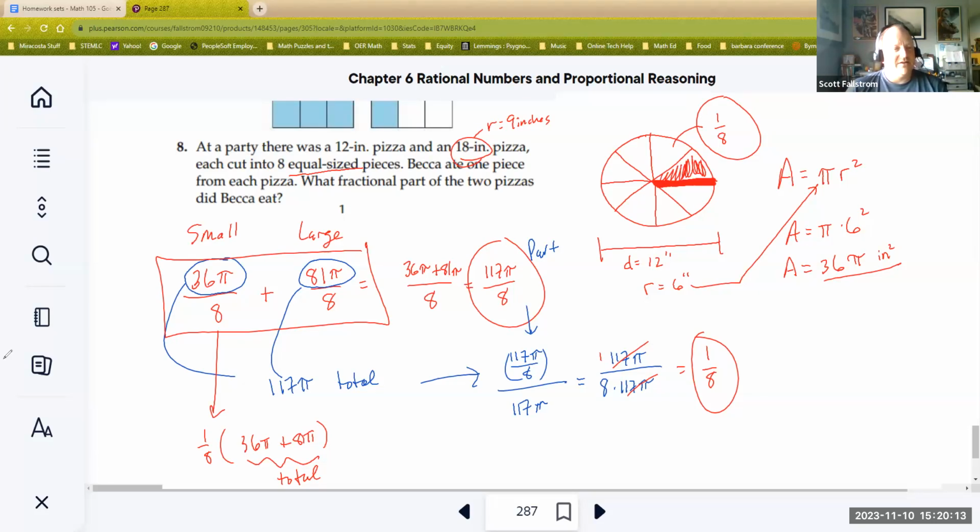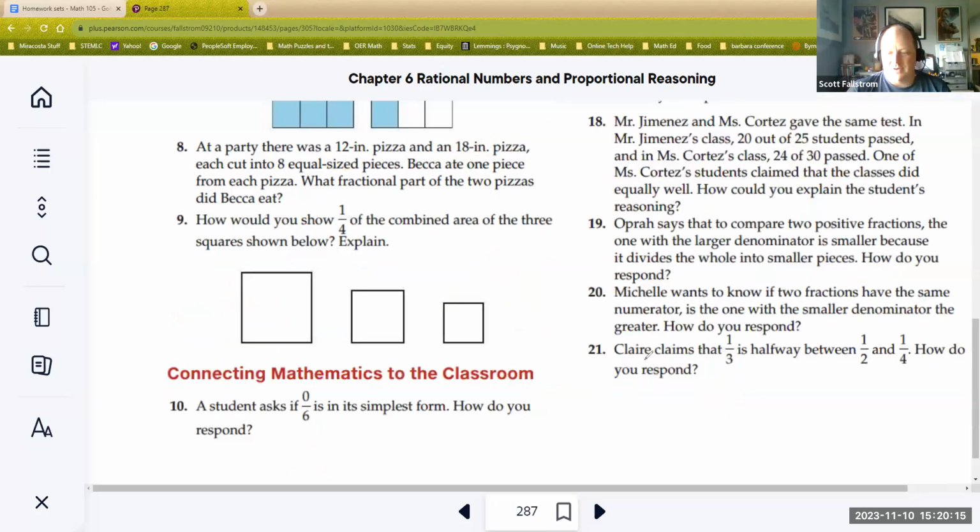So yeah, let's take a look now at number 9. For this one, maybe I won't go all the way through, but it says, how would you show 1/4 of the combined area? Now, the combined area, in your mind, you're thinking, I have to push this one together, and just sketch one object, but it does say combined area. So what you could do, I'm going to try to switch over to just drawing a straight line and see if this works. Woo!